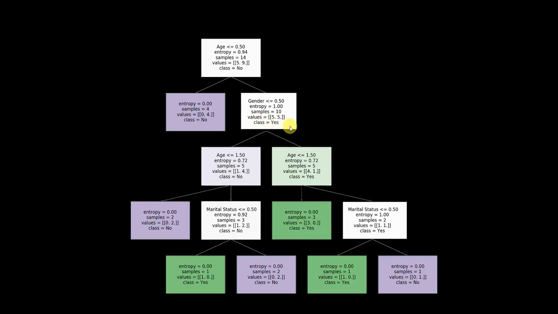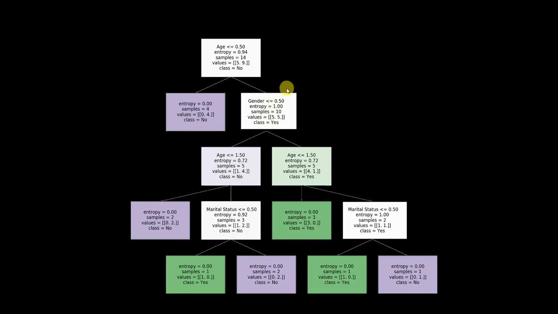The decision tree algorithm will always try to maximize the information gain, because we want a stable algorithm with good performance. Also, the attribute with the highest information gain will be split first.